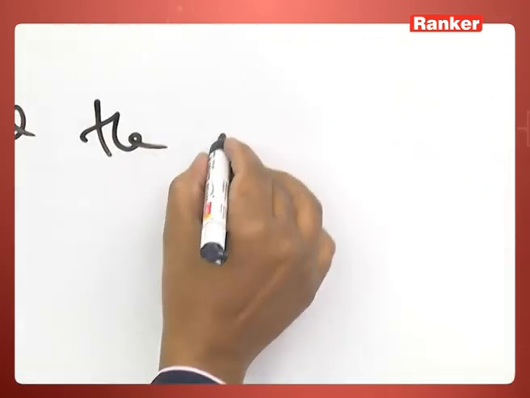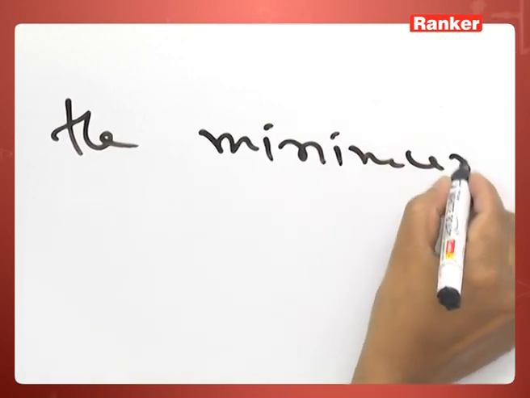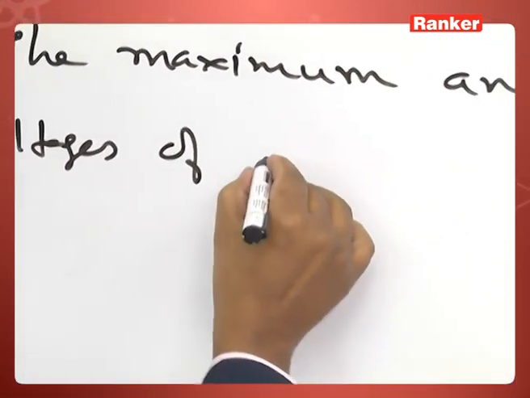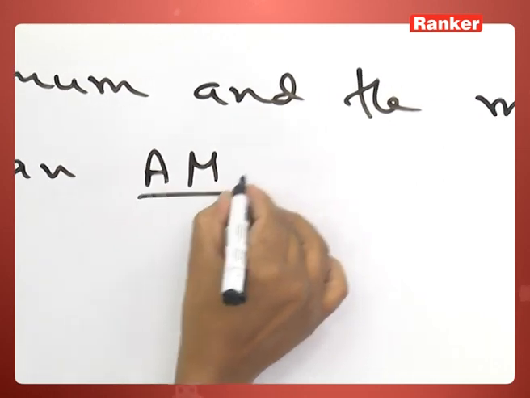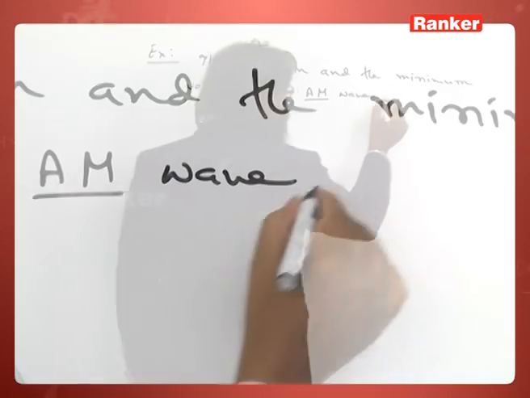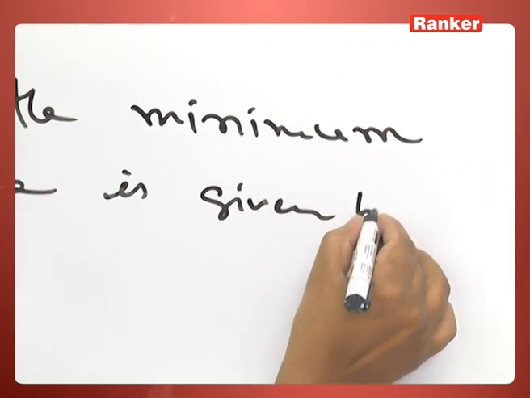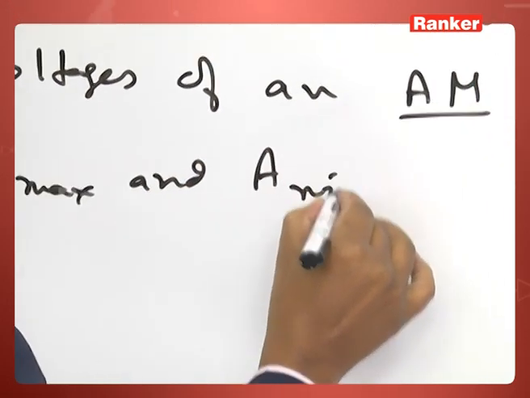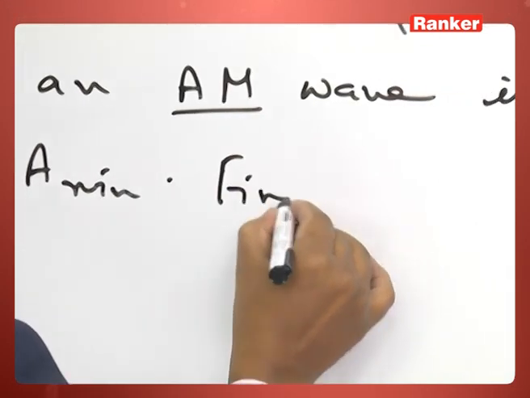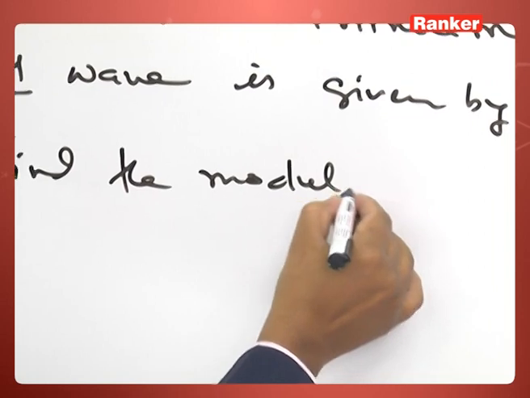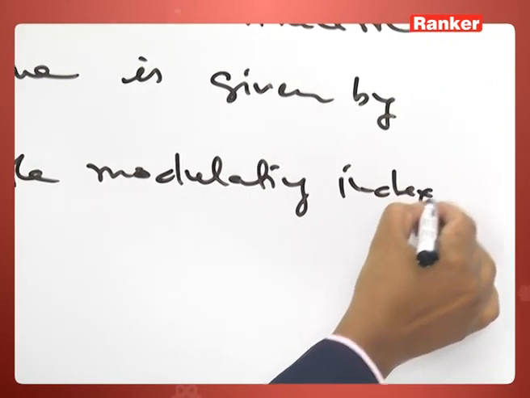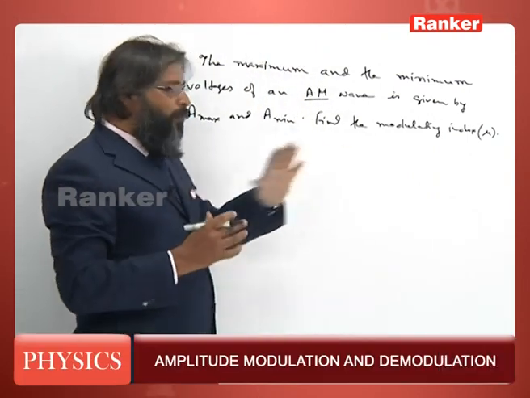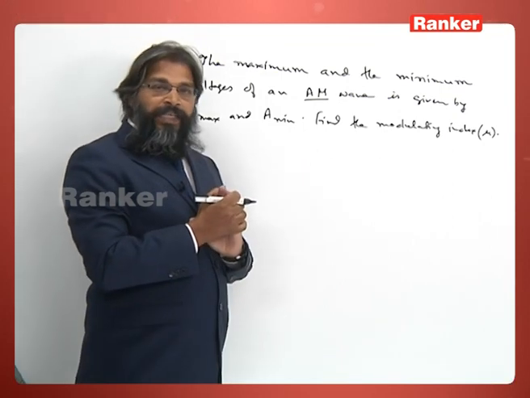The maximum and the minimum voltages of an amplitude modulated wave, AM wave, are given as A max and A min. Find the modulation index mu.